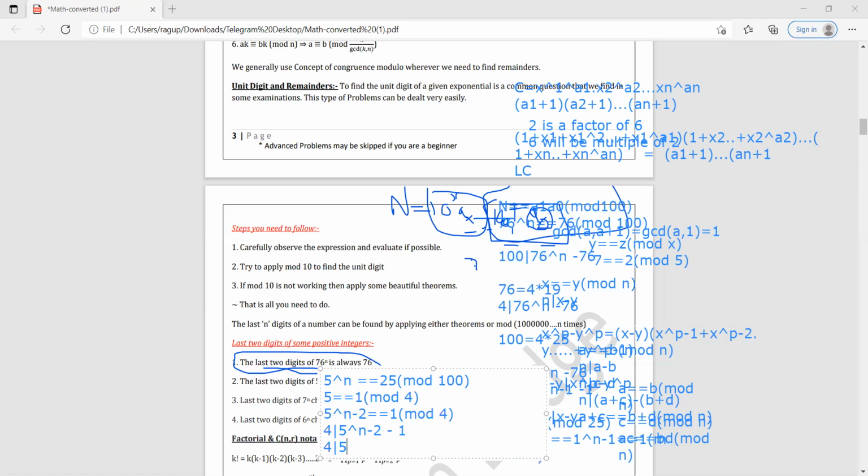So 5 raised to n minus 25. 4 divides 5 raised to n minus 25. And we know that this is divisible by 25 clearly. So 100 divides 5 raised to n minus 25. Thus the last two digits of 5 raised to n is always 25.